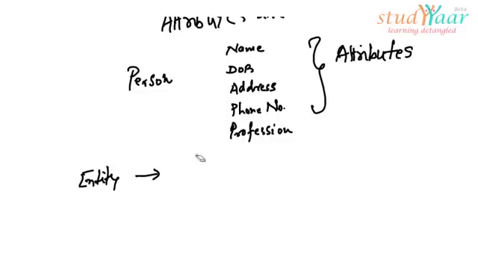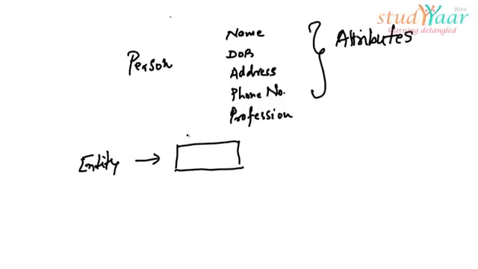An entity is represented by a rectangle, not an oval. So this is the representation of an entity, and we write the name of the entity inside it. So if I have to represent persons, the set of all the persons, I'll write it like this in an entity relationship diagram.